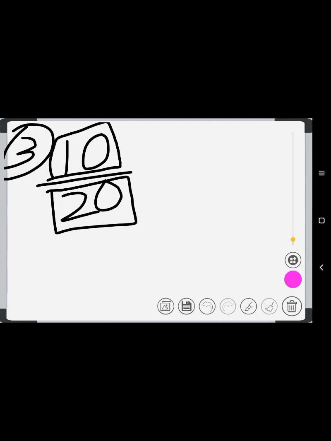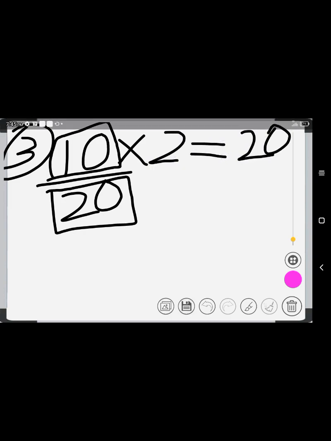So you have 10 out of 20. How many times can 10 go into 20? So I know if you times it by 2, it will be equal to 20. Wait, let me show you something much easier. Now, you have 10. 10 times what gives you 20?